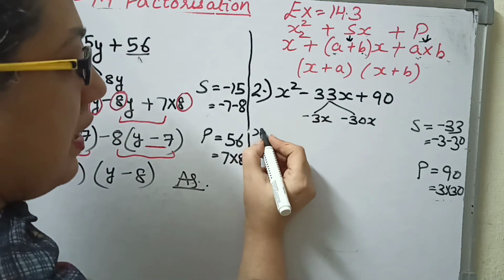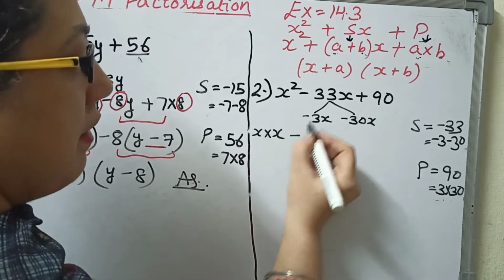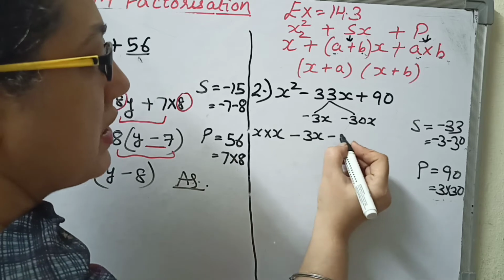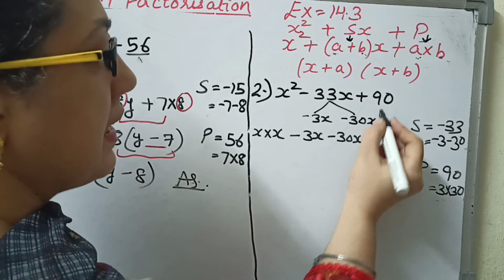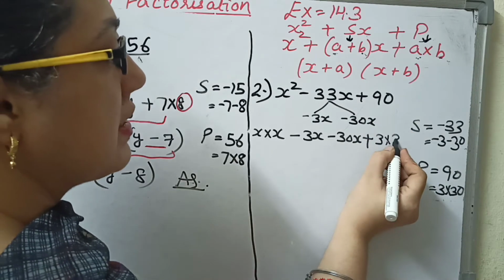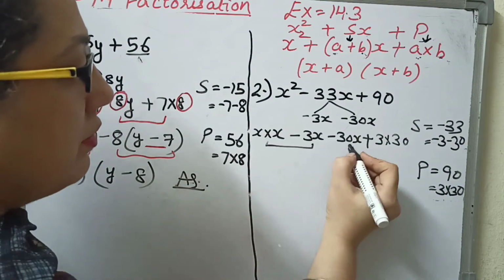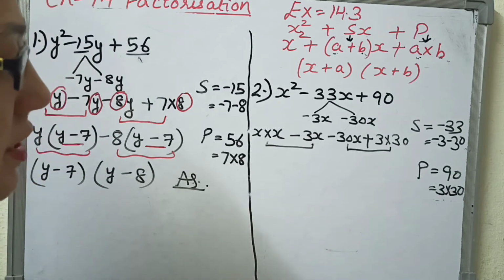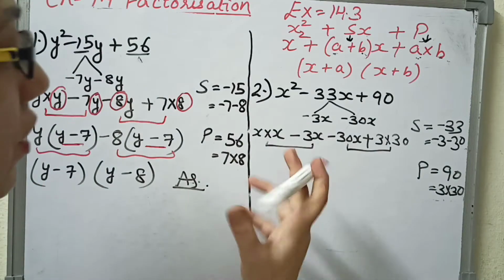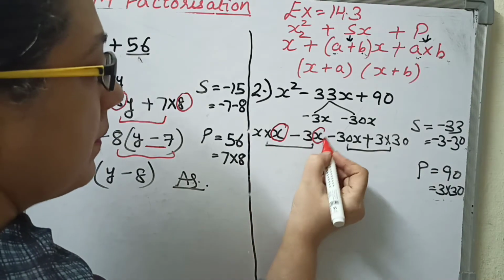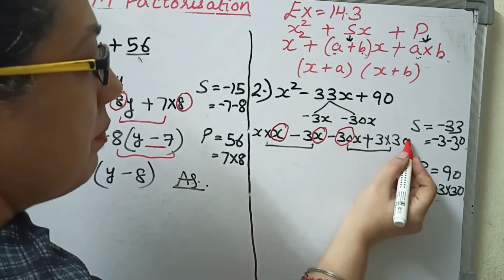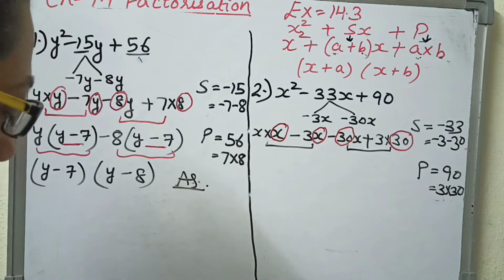Now x square, you know, is x into x, minus 3x minus 30x and plus 90, which is 3 into 30. Now again take the first two terms and then take the last two terms. In the first two terms, x is common, and in the last two terms minus 30 is common.